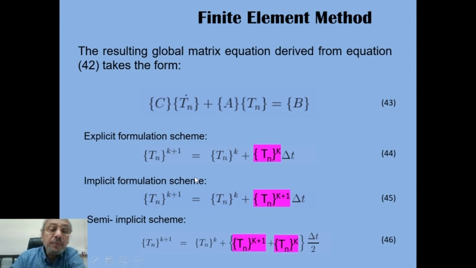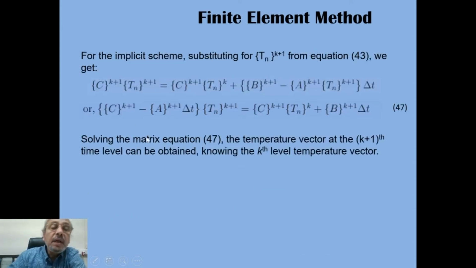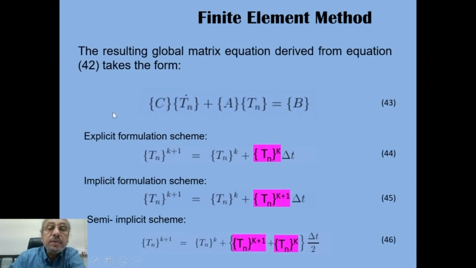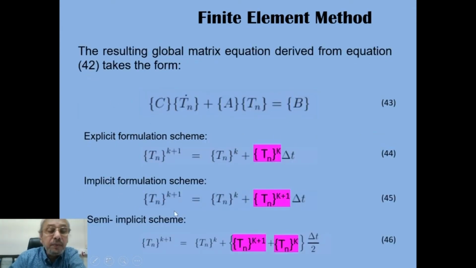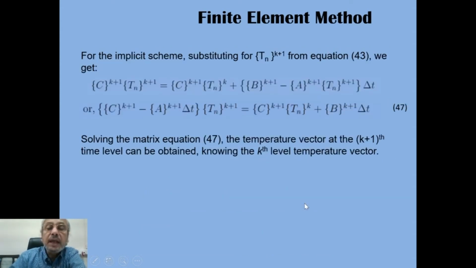Say for example, if we want to do it through implicit formulation, then in this relationship, C into Tn dot plus A Tn equal to B, we can substitute what we have written for implicit formulation, that is Tnk plus 1 equal to Tnk plus Tn dot k plus 1 into delta T. And if we do that, then we will get equation 47 finally.